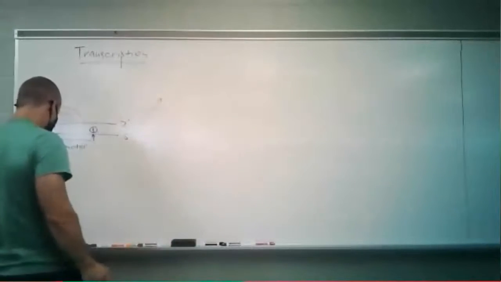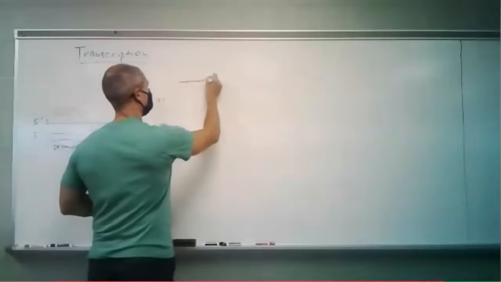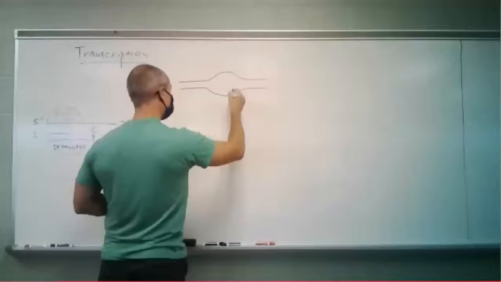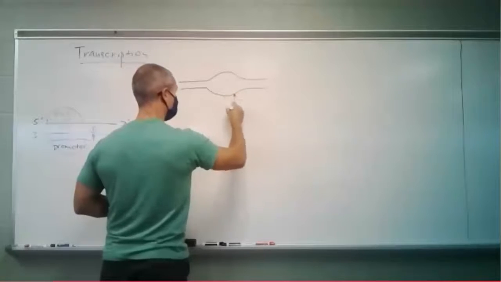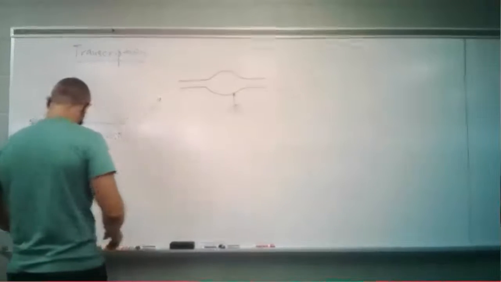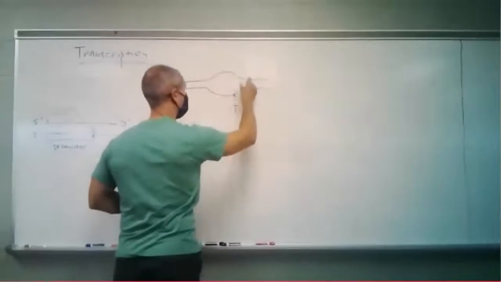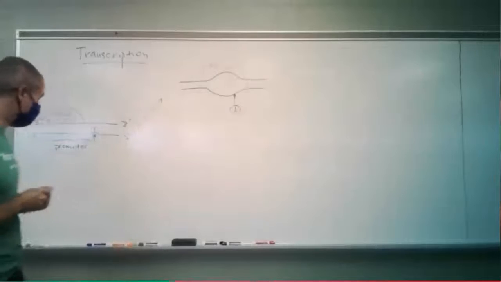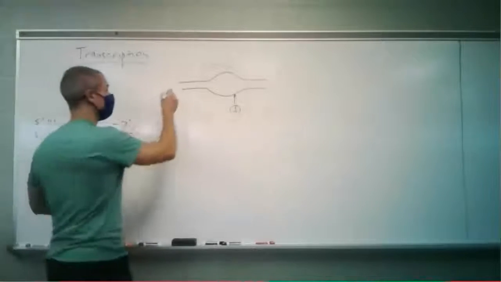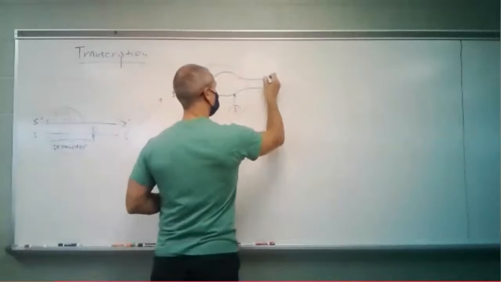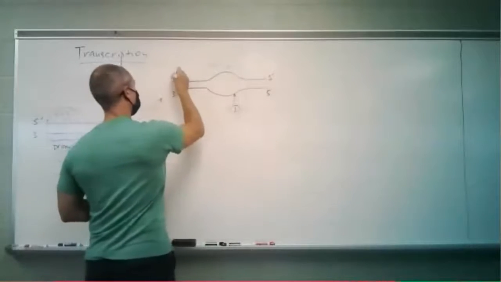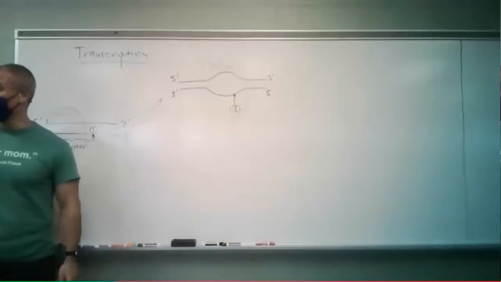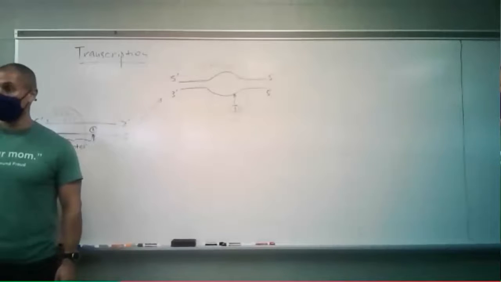RNA polymerase, after binding to the promoter, slides to about number 1. Let's put number 1 here. And it unzips a DNA strand. Does that make sense? Because remember, you need to break down those hydrogen bonds. You need to separate the strands in order to read the DNA. Does that make sense to you?